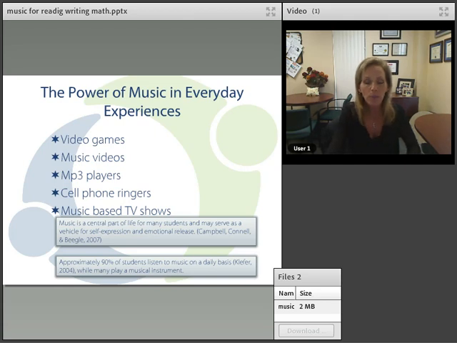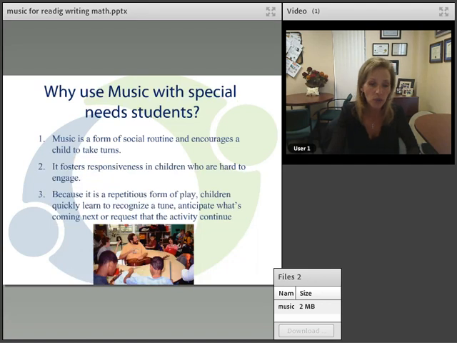So that gives us some pretty high data in regards to the power of music in students' lives and how present it is in their everyday life. So the goal here is to use this vehicle, this tool, to teach things that are so complex and abstract for these individuals.